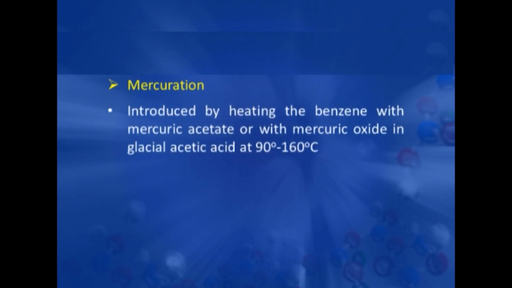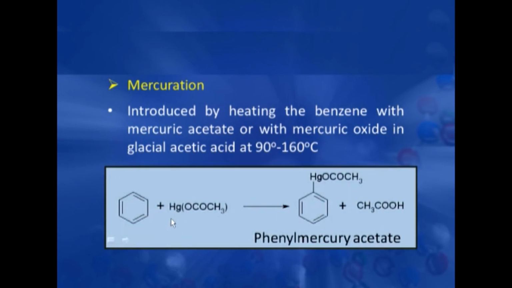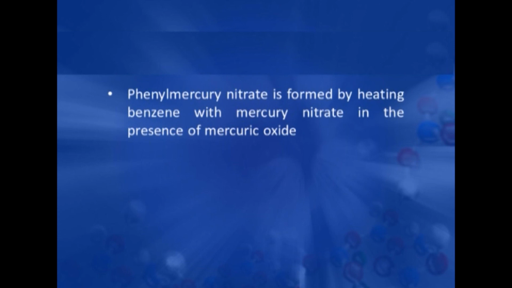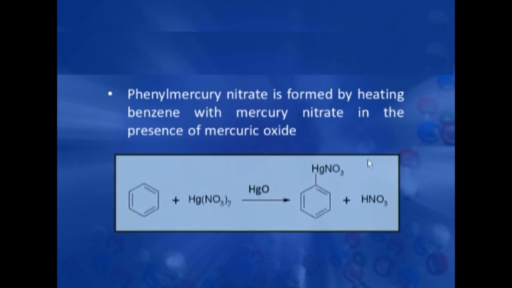This can be introduced by reaction with mercuric acetate or with mercuric oxide in glacial acetic acid at 90 to 160°C, and we get the product phenyl mercury acetate. We can also introduce the mercury nitrate group, which can be formed by heating benzene with mercury nitrate in the presence of mercuric oxide.